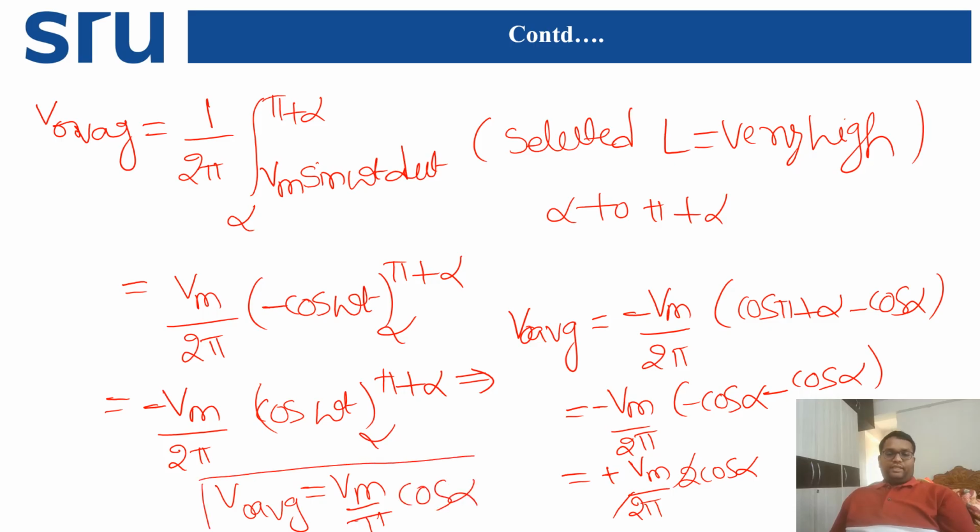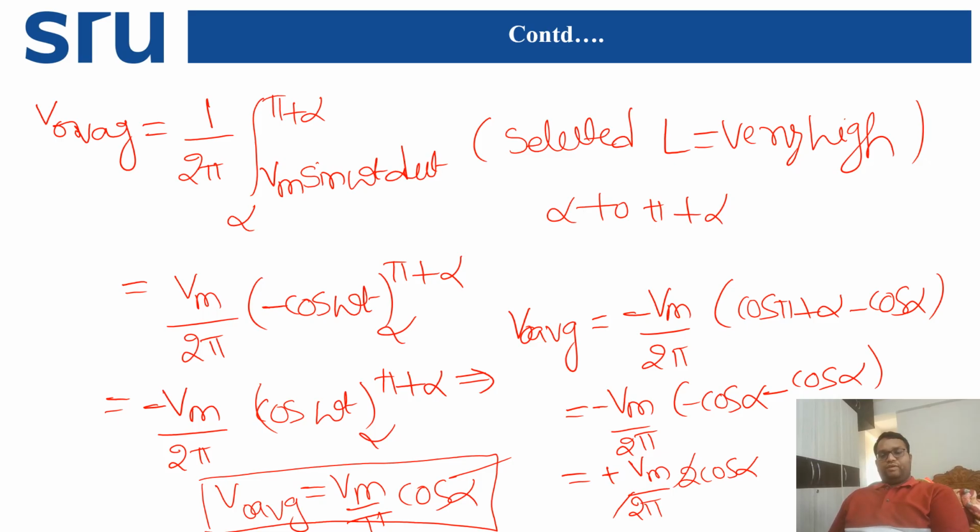When the selected inductor value is very high, the V naught average will be Vm by pi cos alpha, instead of Vm by pi into 1 plus cos alpha. So we can see the comparison between the previous one and this one. Based on the inductor energy only, the average output voltage V naught average varies completely from one angle to another angle.